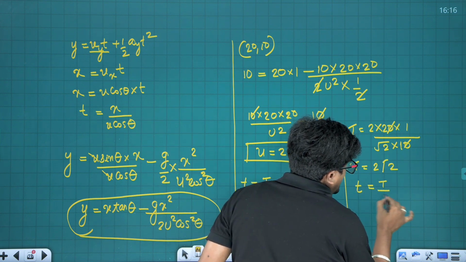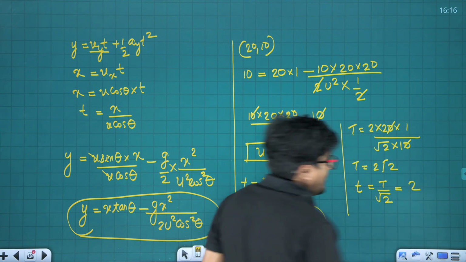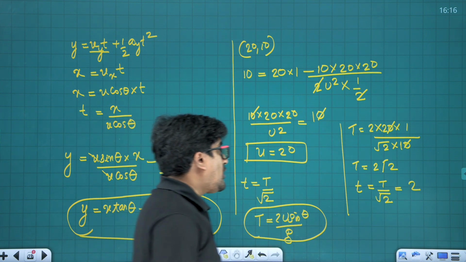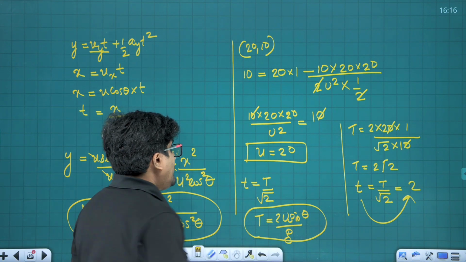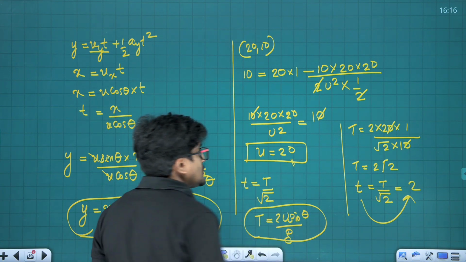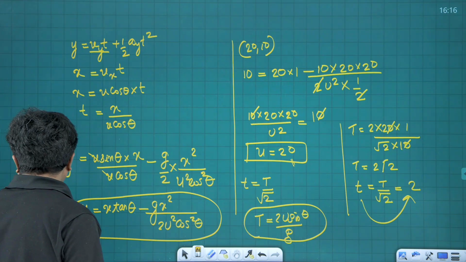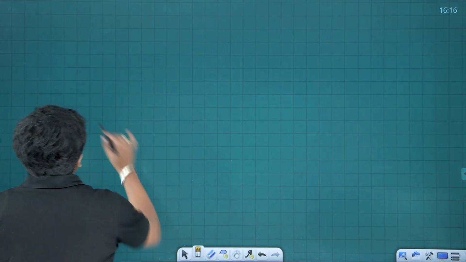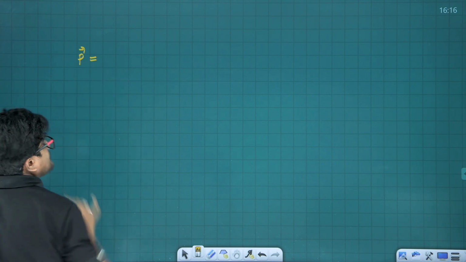Small letter t was capital T divided by root 2, which means it's going to be 2. Now we got the value for small letter t, that is 2 seconds, and we got the value for small letter u also, which is 20.